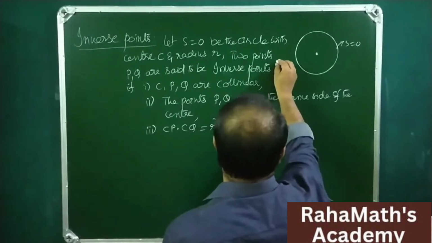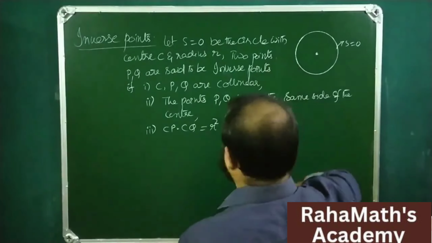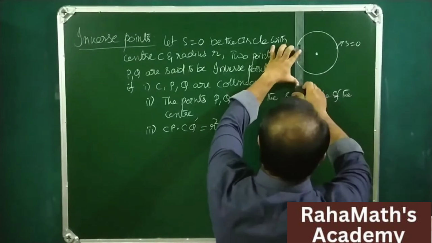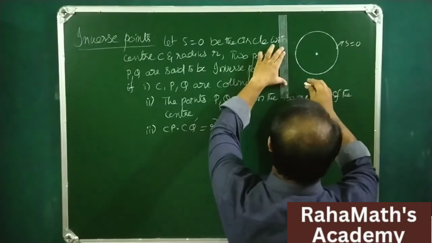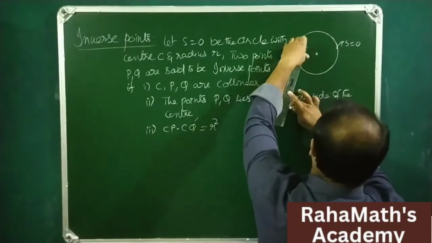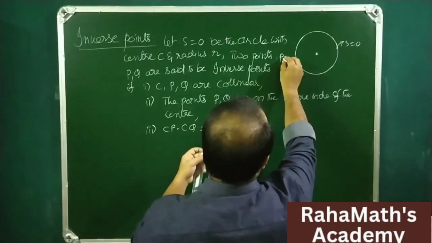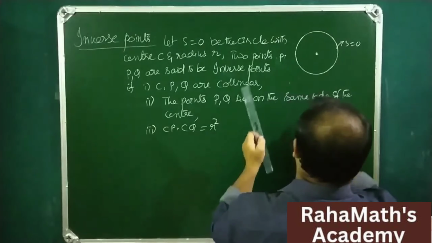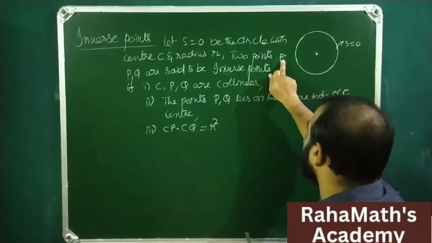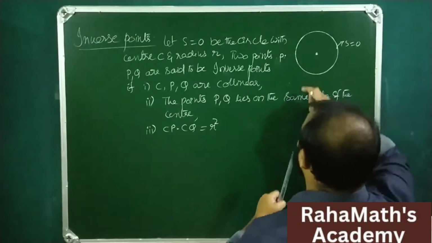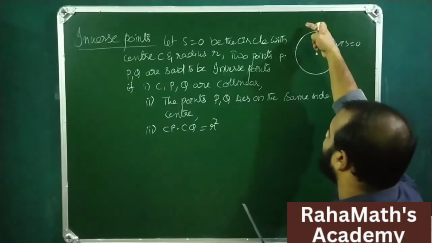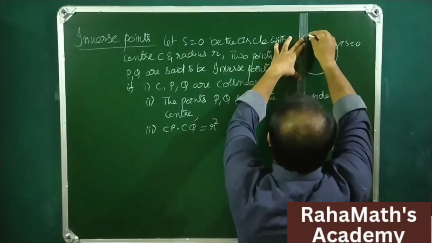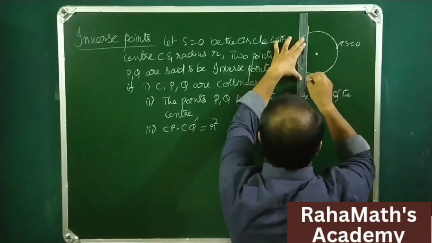For example, let P be a point lying external to the circle. If P is a point lying outside the circle, the polar cuts the circle at two distinct points. For example, this is the polar.